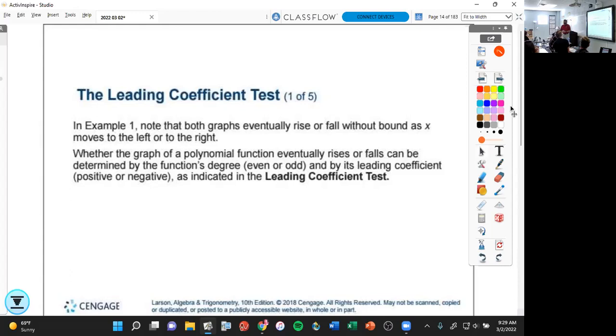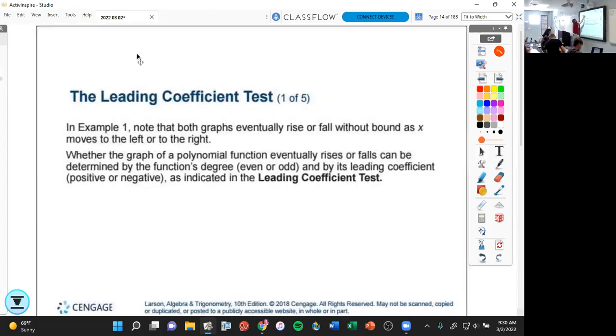It's the term with the highest power. We call it leading coefficient because when we write a polynomial in general form, we write with descending powers, so the first term would have the leading coefficient.